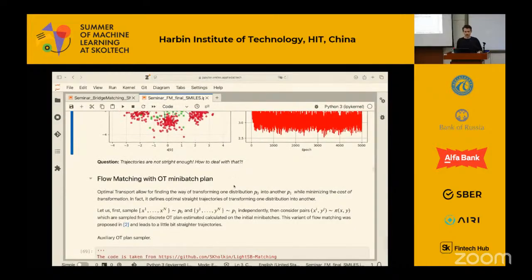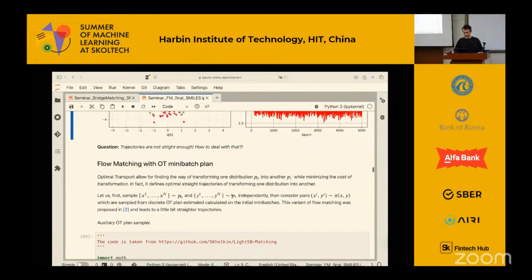So first, we will introduce an optimal transport mini-batch plan. Alexander said we can use flow matching with different transport plans as an input. So basically, consider some samples from P0, some samples from P1, and you want to construct a joint distribution P which has some properties, and you sample x and y from this distribution.